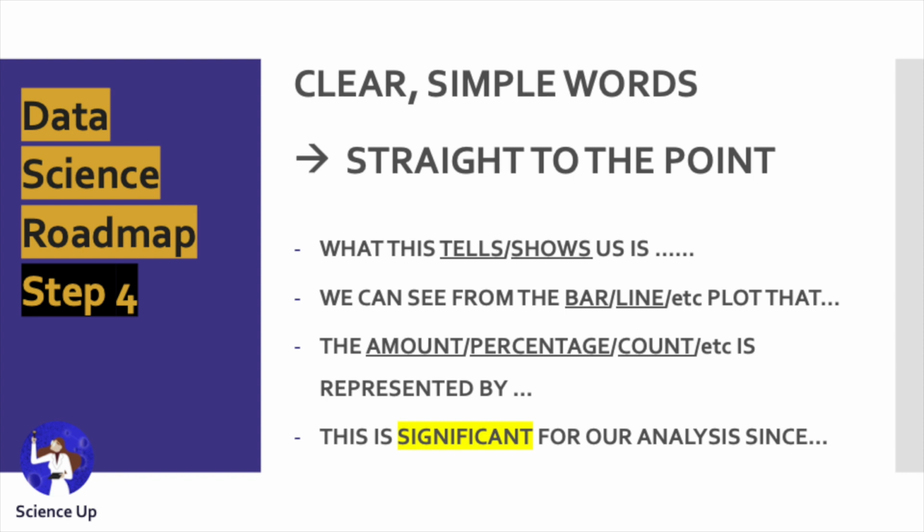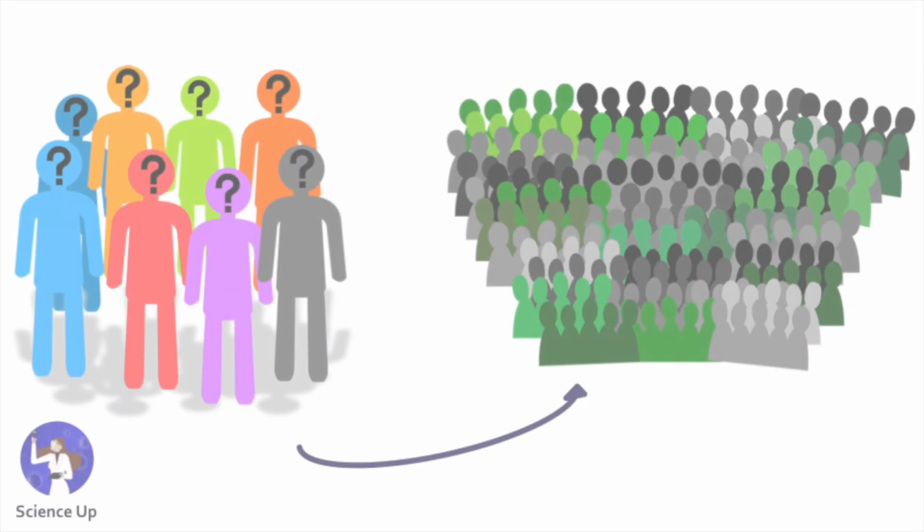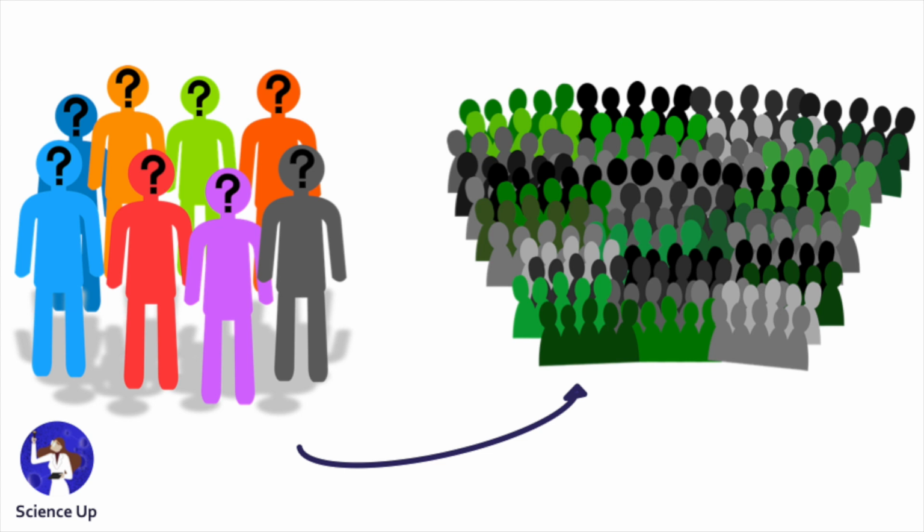Use words like "what this tells or shows us is", or "we can see from the bar, line, or whatever plot that maybe the amount, percentage, count is represented by", or "this is significant for our analysis since", our goal is to turn everyone from our audience from questioning to asking, understanding, enjoying, and thus learning from us.